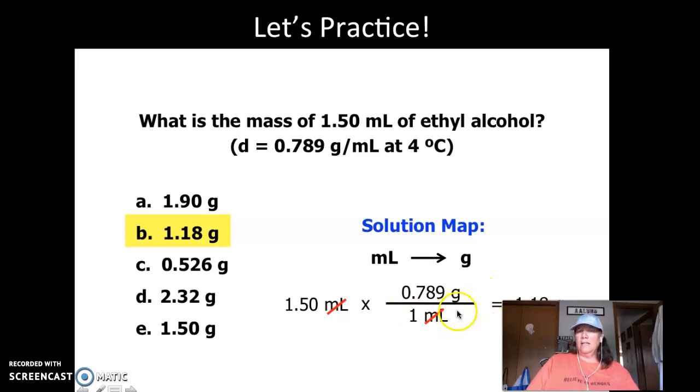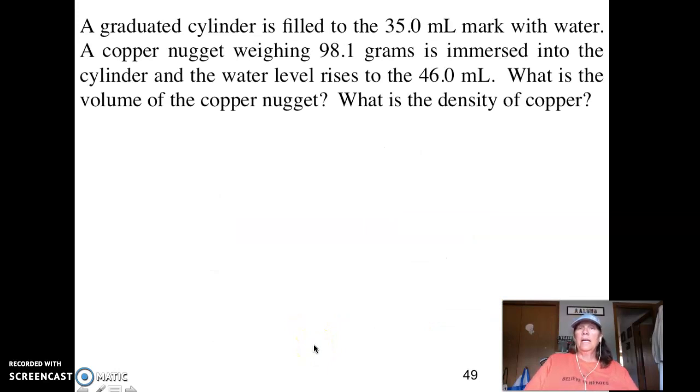And you can see milliliters are going to cancel out, grams are left over. The answer is 1.18 grams. Grams is a unit of mass. That makes sense.